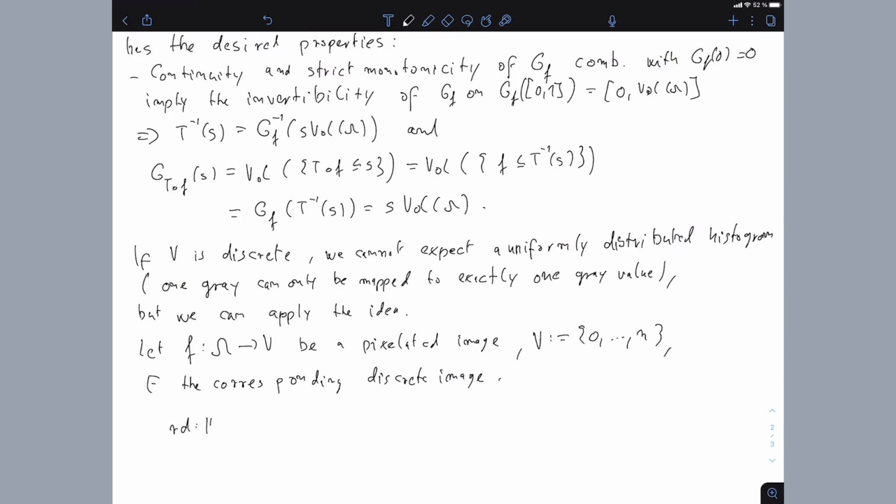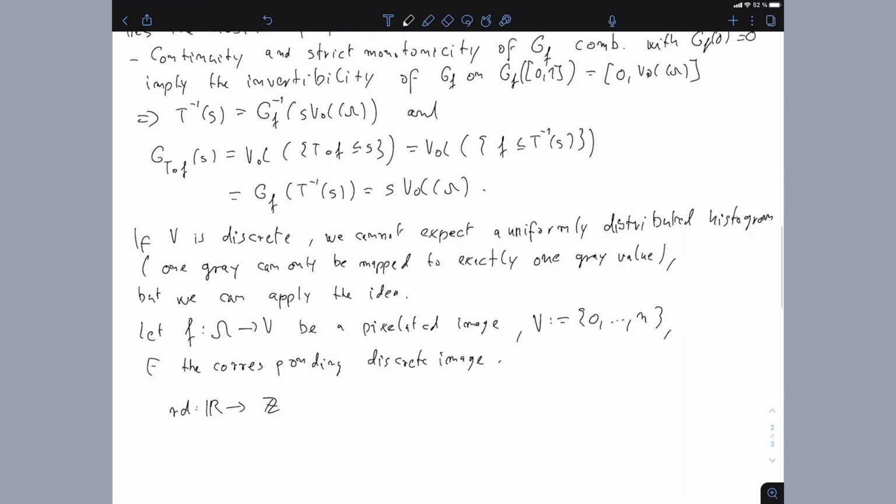I denote this rounding mapping by RD, and what it does is that a real number is mapped to its nearest integer, and if there are two nearest integers, exactly at 0.5, you are rounding up.